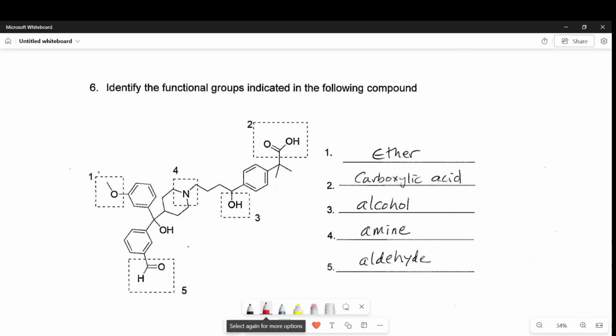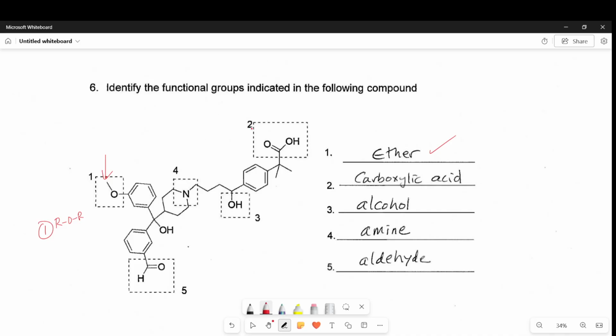So if we just look at number 1, it's an ether, as you see in the answer. The reason is you have a carbon, oxygen, another carbon. So number 1 is ROR. This kind of linkage is an ether functional group.